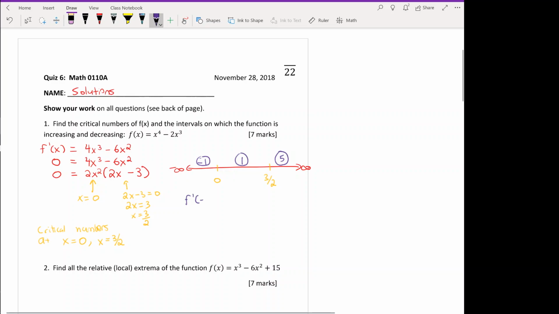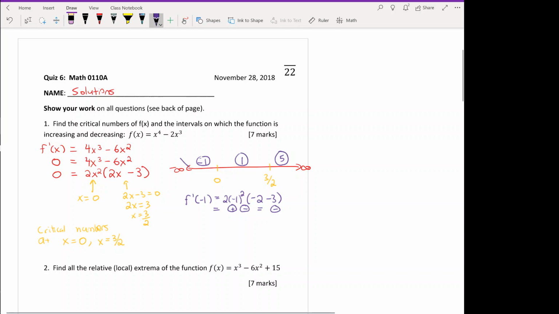So f prime of negative 1, that's going to be, I'm going to plug it into the factored form, 2 times negative 1 squared times 2 times negative 1, so negative 2 minus 3. So that's going to be positive times negative, which is negative.